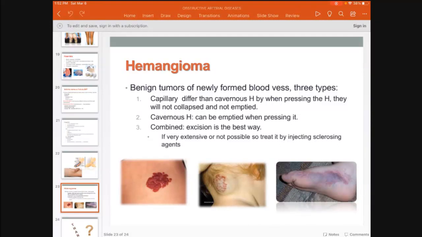Treatment is always better by surgery. Either that, or we can also inject a sclerotherapy agent, but I always prefer to do surgery. If it is small and an ugly shape, for cosmetic purposes I will do surgery. If it is huge and the cosmetic aspect is not important, you can treat it by injection or by embolization.